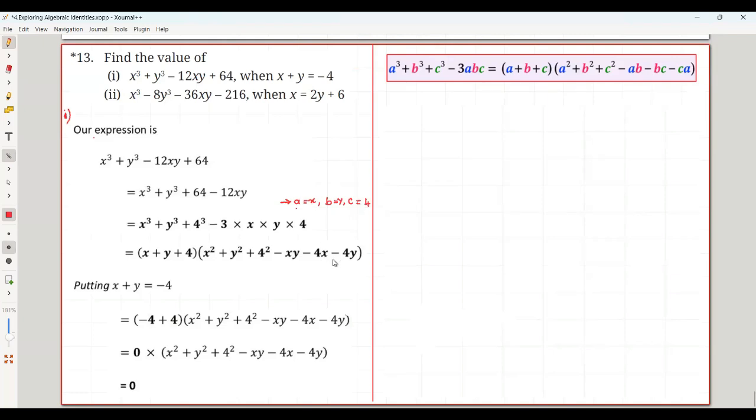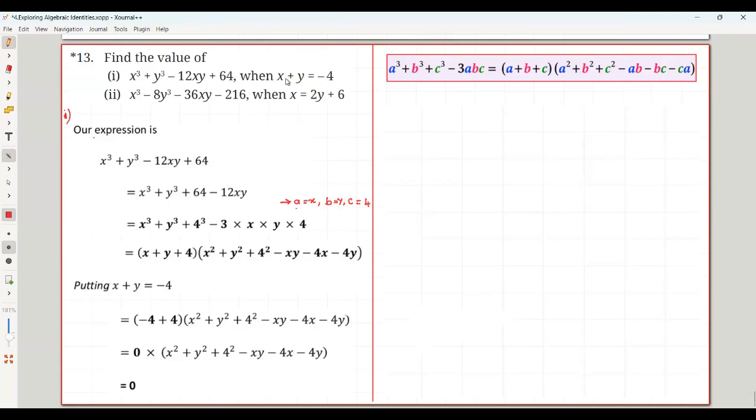Here they have interchanged the order, so bc has to come here and ca there.